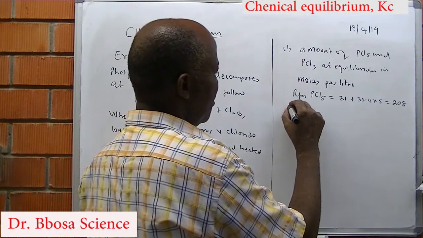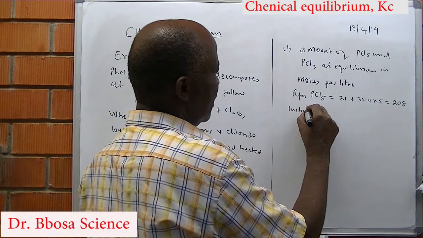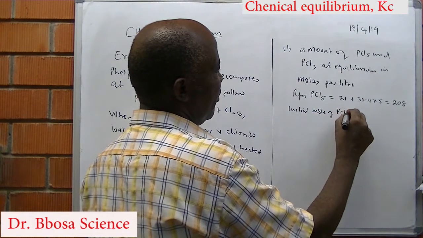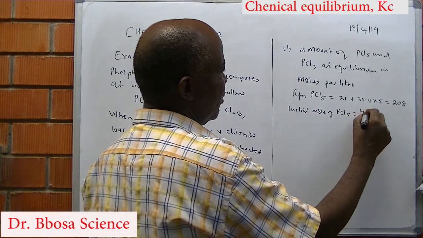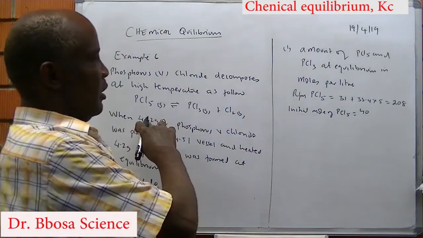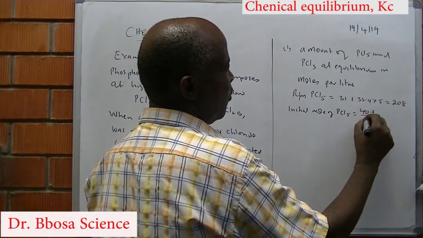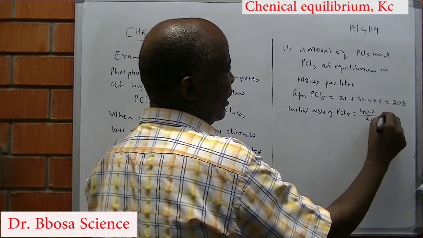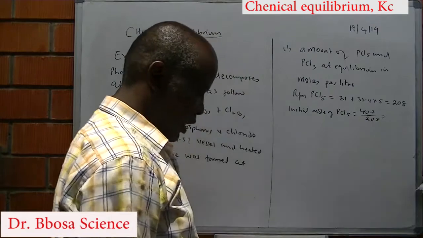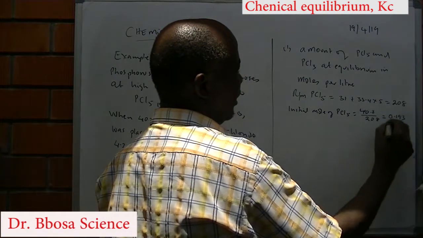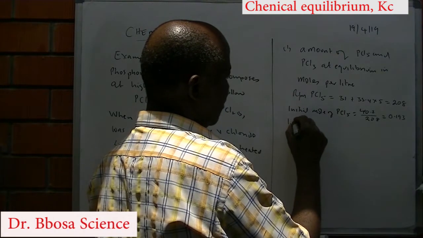So initial moles of PCl5 will be equal to 40.2 over 208, which is equal to 0.193.